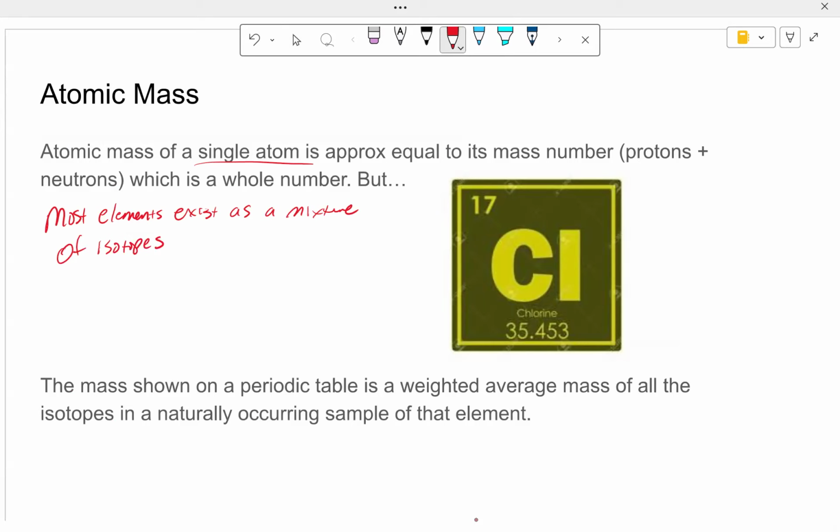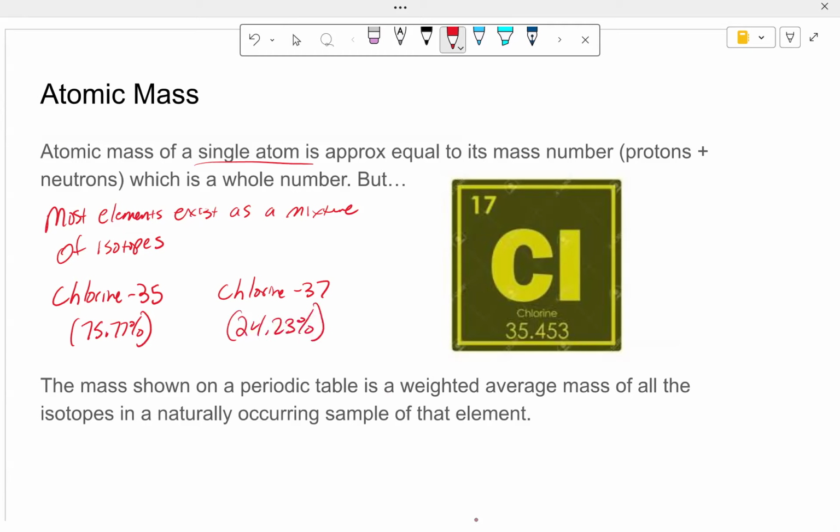For example, chlorine can exist as chlorine 35, and it can exist as chlorine 37. Now, if you were able to count all of the atoms of chlorine, you would see that 75.77% of all chlorine atoms is chlorine 35, and the rest is chlorine 37.